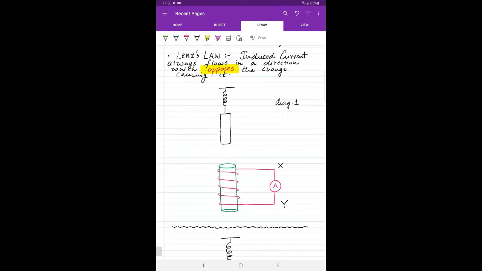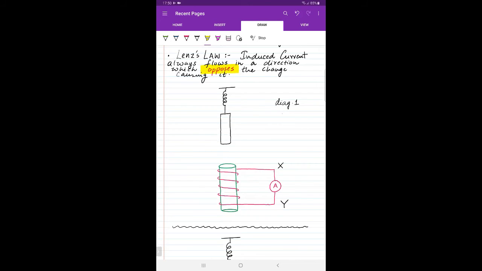Lenz's law states that the current which is induced in the circuit because of the induced EMF will always flow in a manner so as to oppose the movement of the magnet. In simple terms, induced current flows in a manner which will try to oppose the magnet's movement.